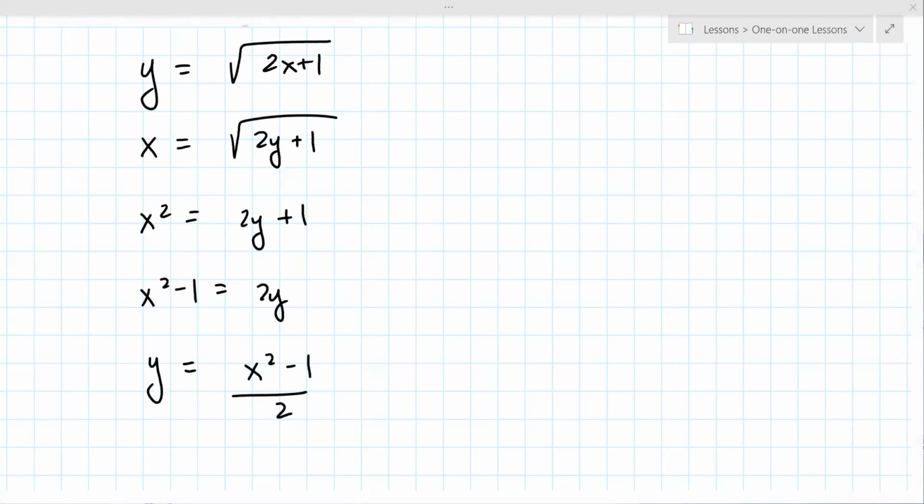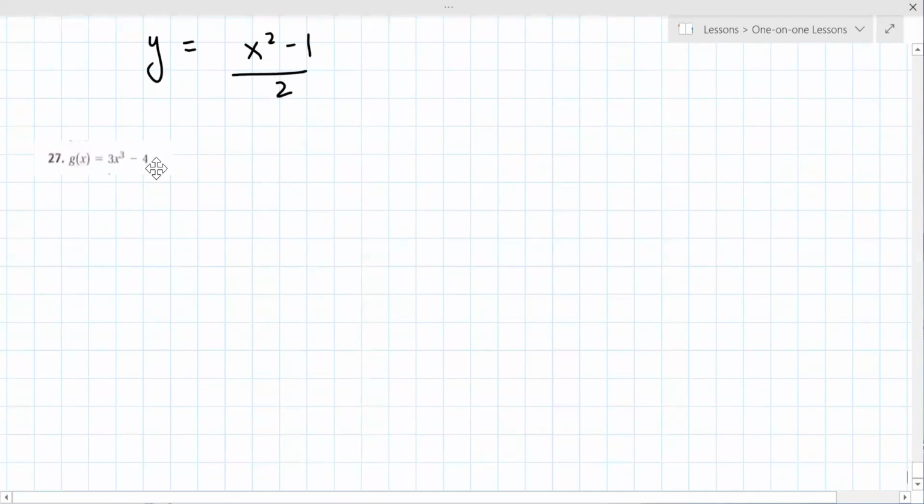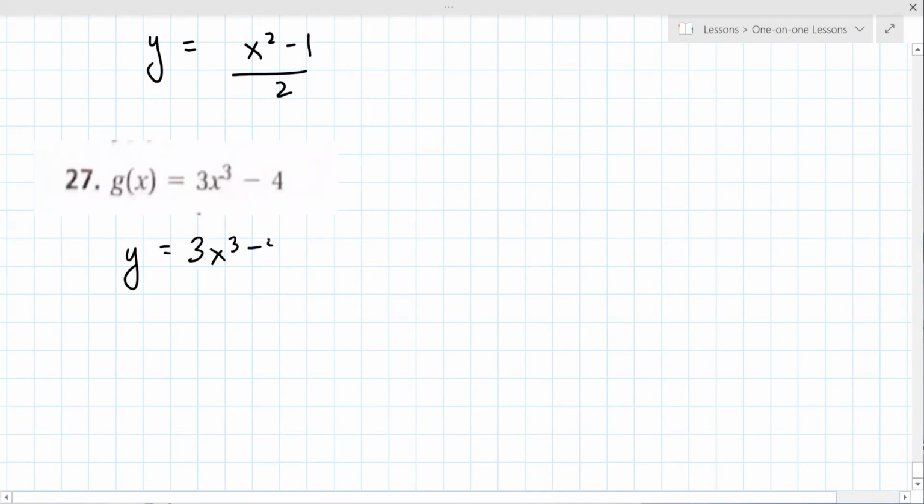27. So again, instead of writing g of x or f of x, you write y, and then you switch x and y.